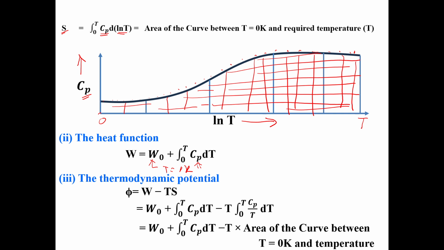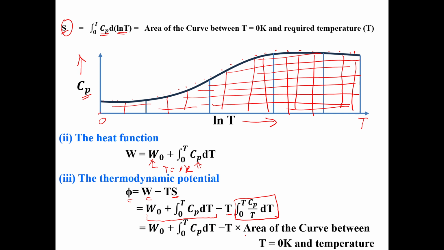The next quantity is the thermodynamic potential, which is represented by phi, and this is defined as phi is equal to W minus TS. We have calculated what W is. W is W naught plus the integral ranging from 0 to T of Cp into dT, and T, and this is S. We have calculated in the first part what S is. How can we calculate this S?